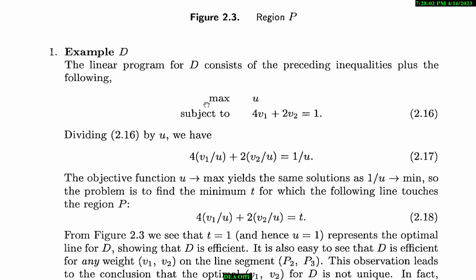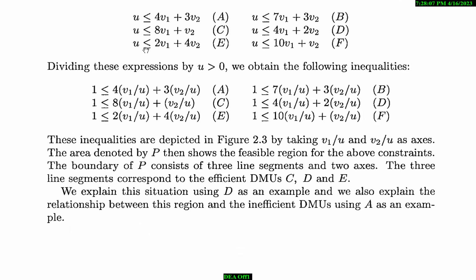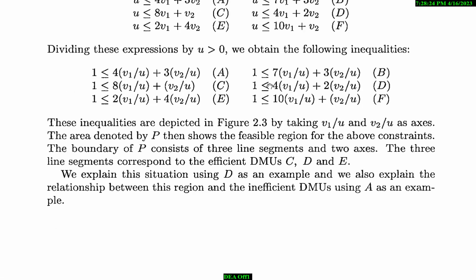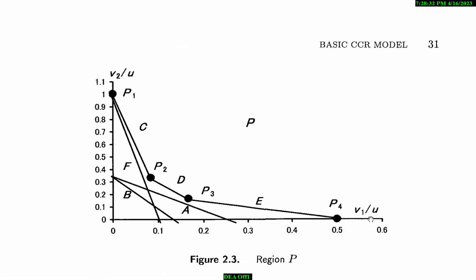You can compare this and you see that this is the right hand side of the constraints corresponding to DMU D. So we want to minimize this when the values of these variables are in this region.